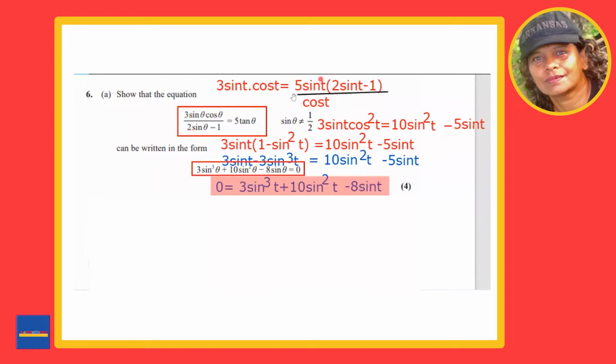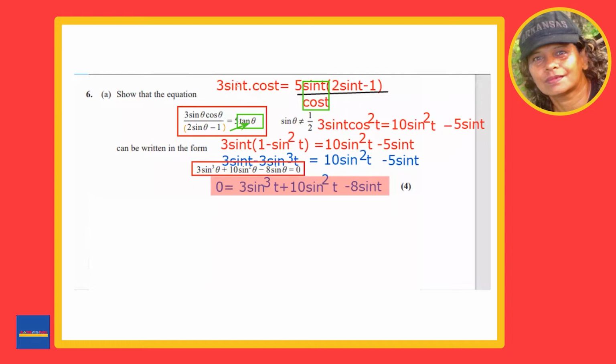And then I'm going to write 5 tan theta. As we know, tan theta is equal to sine theta over cosine theta. So I'm going to rewrite tan theta as sine theta over cosine theta. And then I'm going to multiply that expression, 2 sine theta minus 1, with 5 tan theta, while I replace tan theta as sine theta over cosine theta.